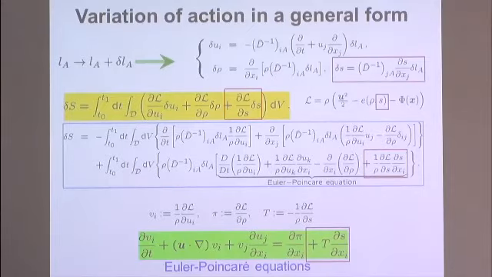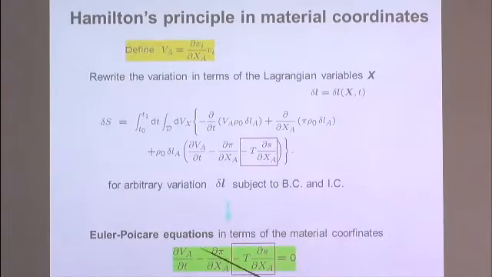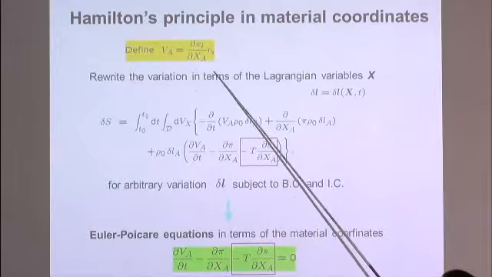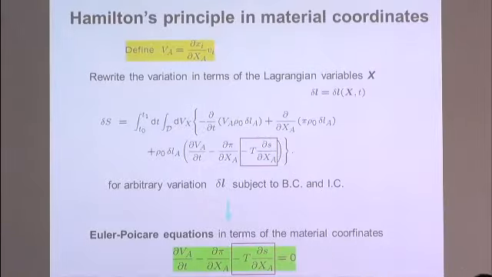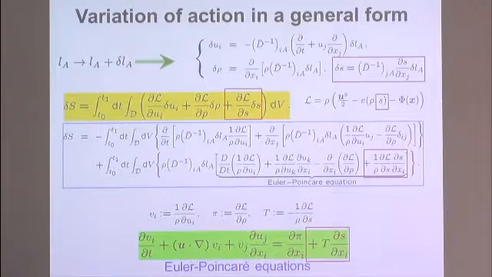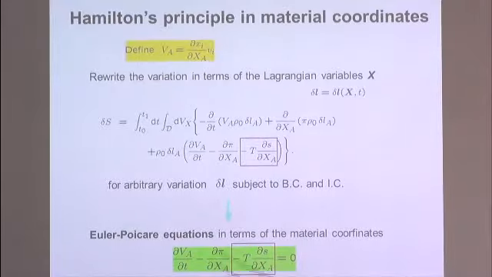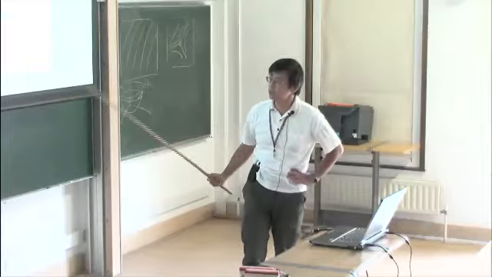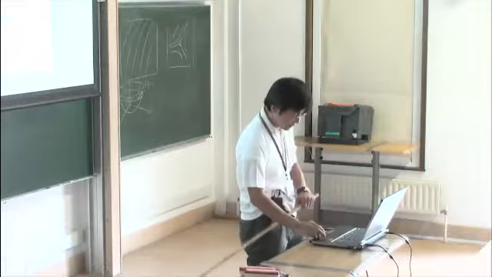Okay, and for realizing particle relabelings, it's easier to transform into material coordinates. So project this vector potential to these directions, then the previous equation becomes much simplified, corrected by the baroclinic effect. Then by boundary conditions, you end up with the Euler-Poincare equations written in terms of material coordinates.